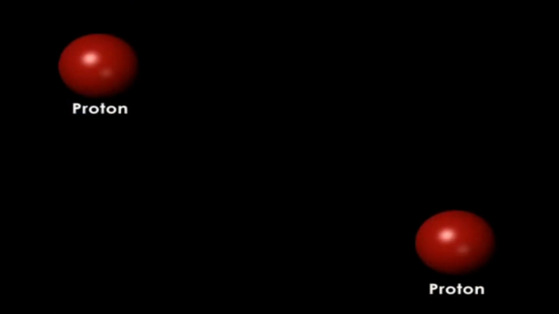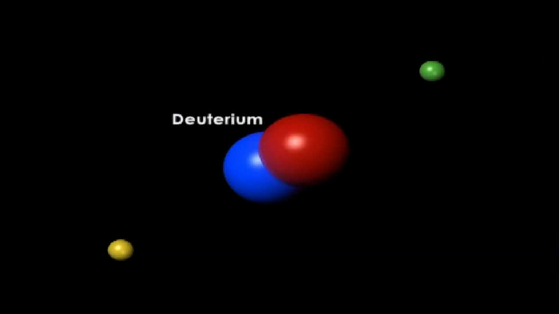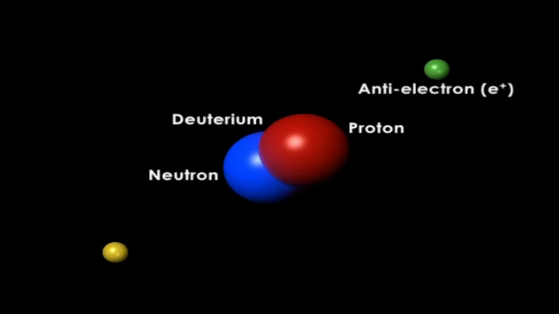Here's the actual reaction. 2 protons react to make deuterium, a heavy version of hydrogen with 1 neutron, and an anti-electron and a neutrino are ejected. This reaction is so rare that in the core of the Sun, it takes the average proton 1 billion years to react, despite its colliding with another proton 1 billion times every second.